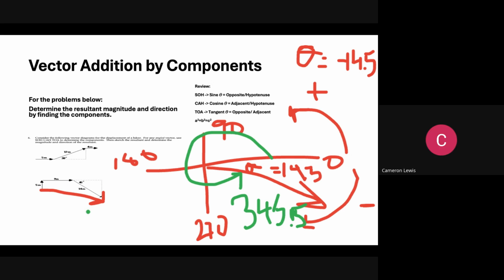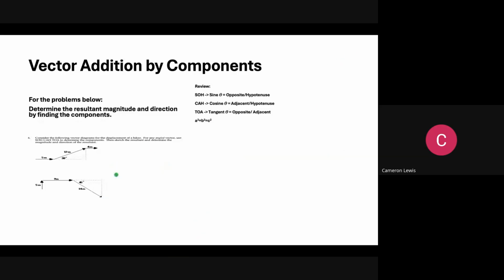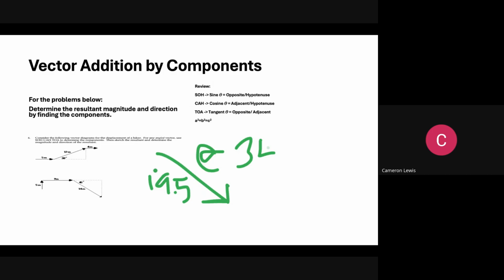Does that make sense? Yeah. So now when I rewrite it, here's my vector, right? What was the amount? It was 19.5, right? Yeah, it was 19.5, at either positive 345.5 degrees or negative 14.5 degrees.